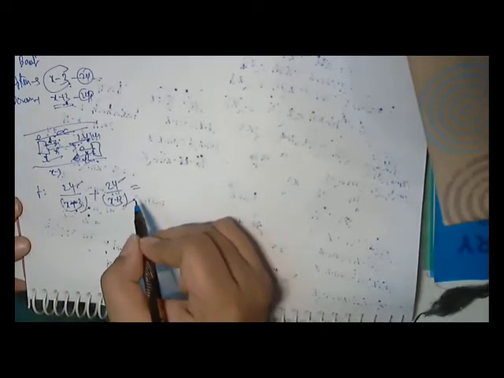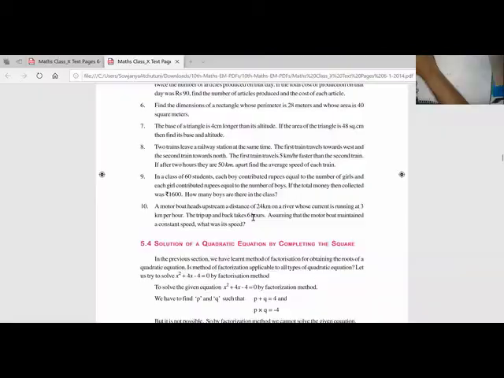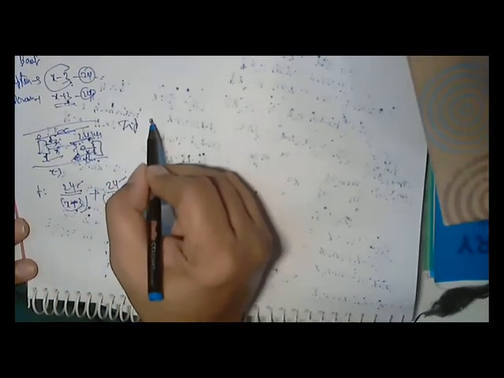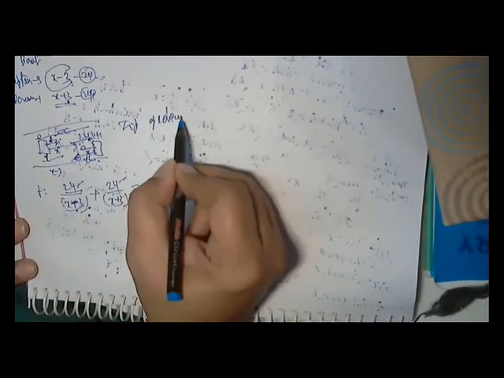So what is the total time he has given? 6 hours. So this is 6 hours. Understood? Upstream 24, downstream 24. Trip up and down.